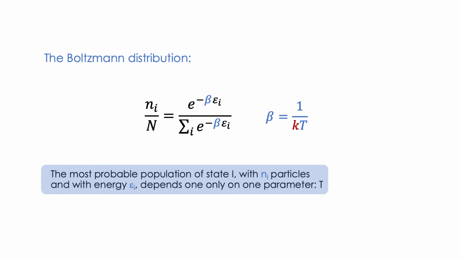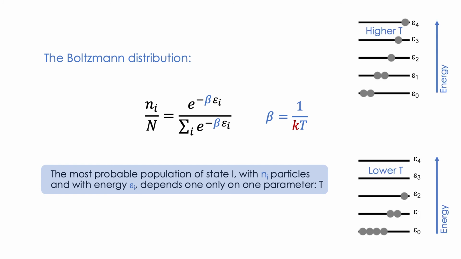Important for now, remember, was the value of beta, how it's connected to the Boltzmann constant and temperature, and how this most probable population is related to the temperature. And actually, if you think about the beginning of the lecture, we were saying that at lower temperatures we have a certain distribution, and at higher temperatures we have another distribution.